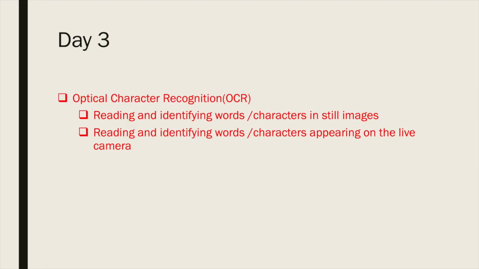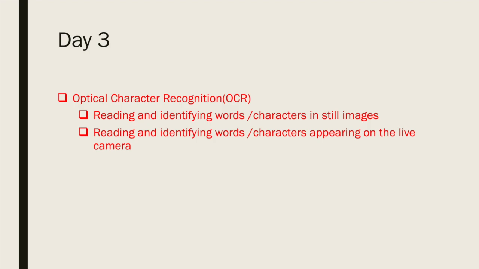Moving to the third day, we continued to explore other applications, namely the optical character recognition, OCR. We first provided images with characters or numbers to the Raspberry Pi. Then, we ran packages to read and identify characters on the images so as to learn how OCR works.